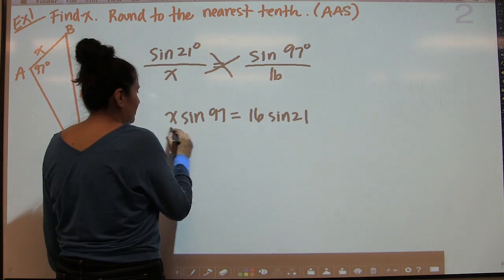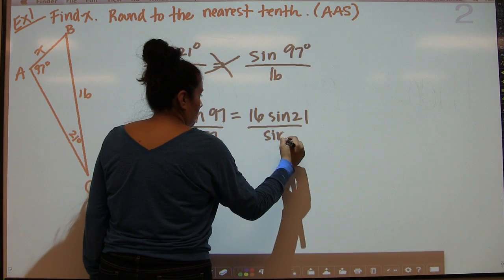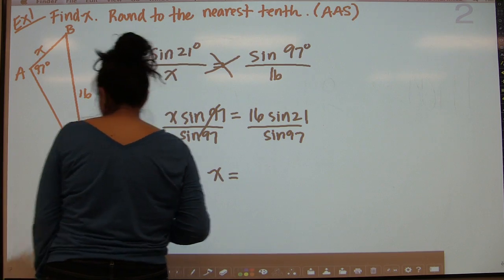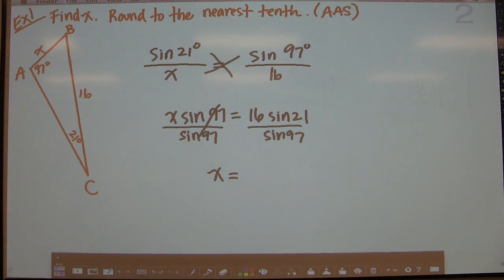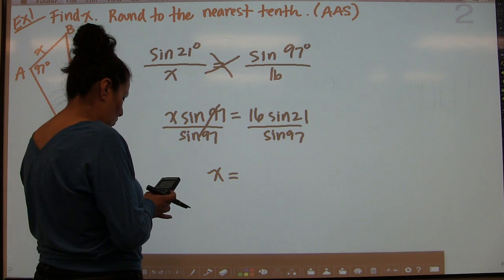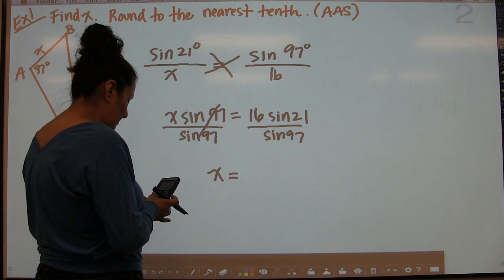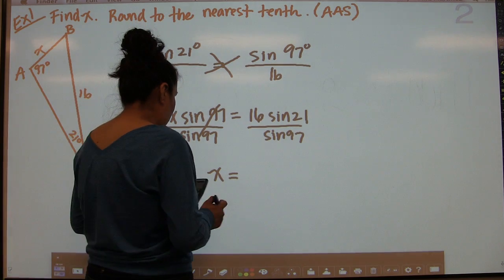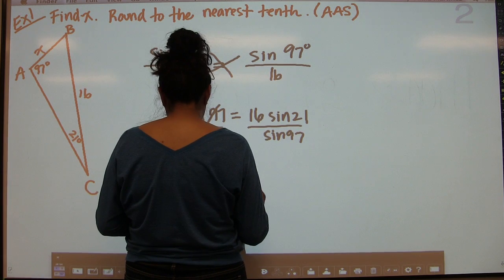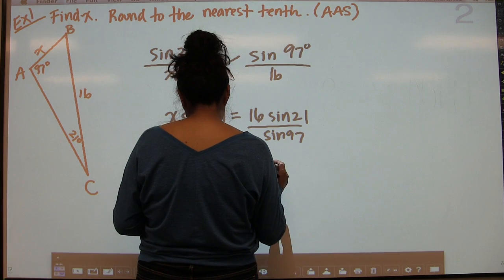Then to solve for x, we divide by the sine of 97 on both sides. Again, it's important that your calculator be in degree mode. So I'm going to go 16 sine 21, close parenthesis, divided by sine of 97, close parenthesis, and I get that my answer is approximately 5.777, or basically 5.78.